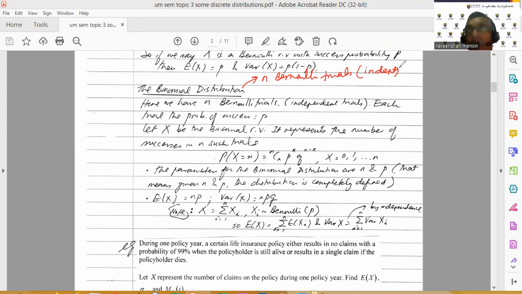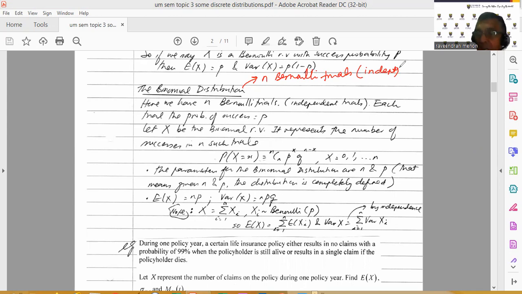Here we have got N independent trials. So, for example, if you toss a coin 5 times, you have got 5 Bernoulli trials. They're all independent, because what happens on one toss does not affect what happened before and what happens after, right?